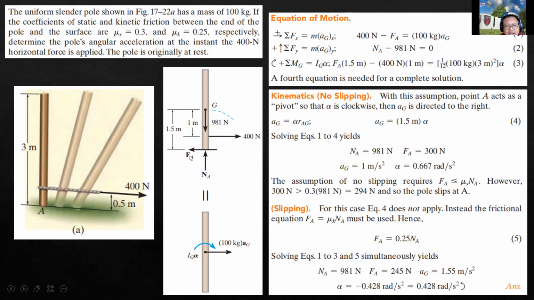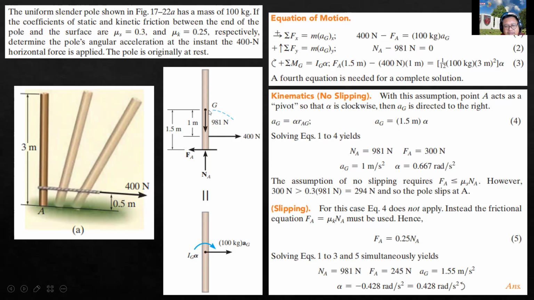And we have FA down here. So FA multiplied by this length, 1.5 meter, because this is normally what we call the moment arm, from the force acting to the center of rotation, in this case G. And then minus 400 times 1 meter. 400 comes from this external force, 400 Newton, this horizontal force.